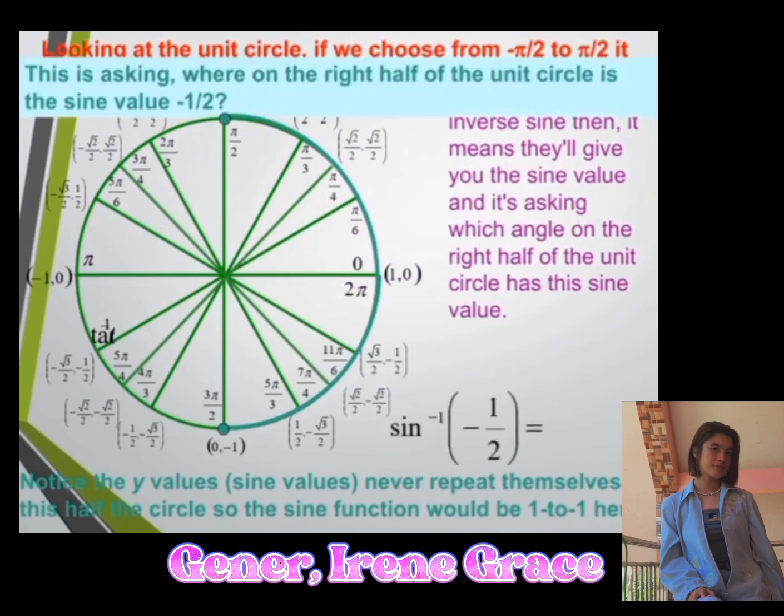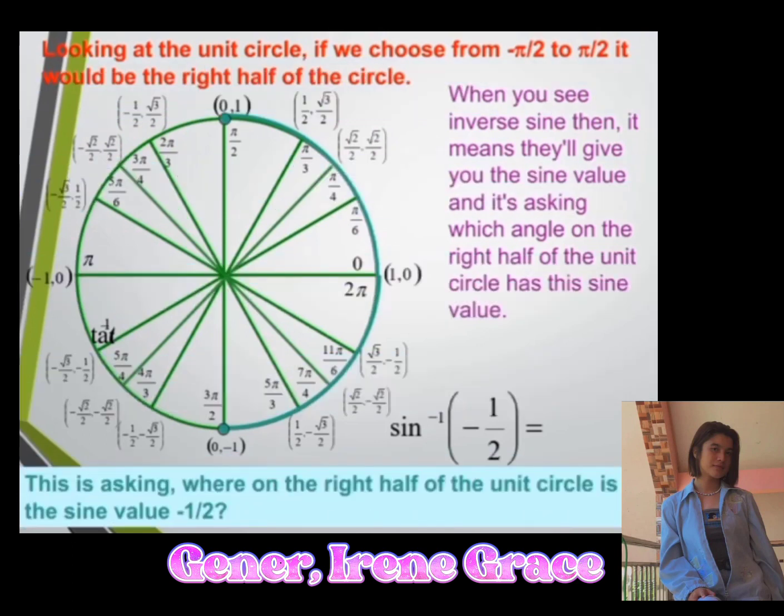Notice the y values, the sine values, never repeat themselves in this half of the circle, so the sine function would be 1-to-1 here. So when you see inverse sine, it gives you the sine value and asks which angle on the right half of the unit circle has this sine value.